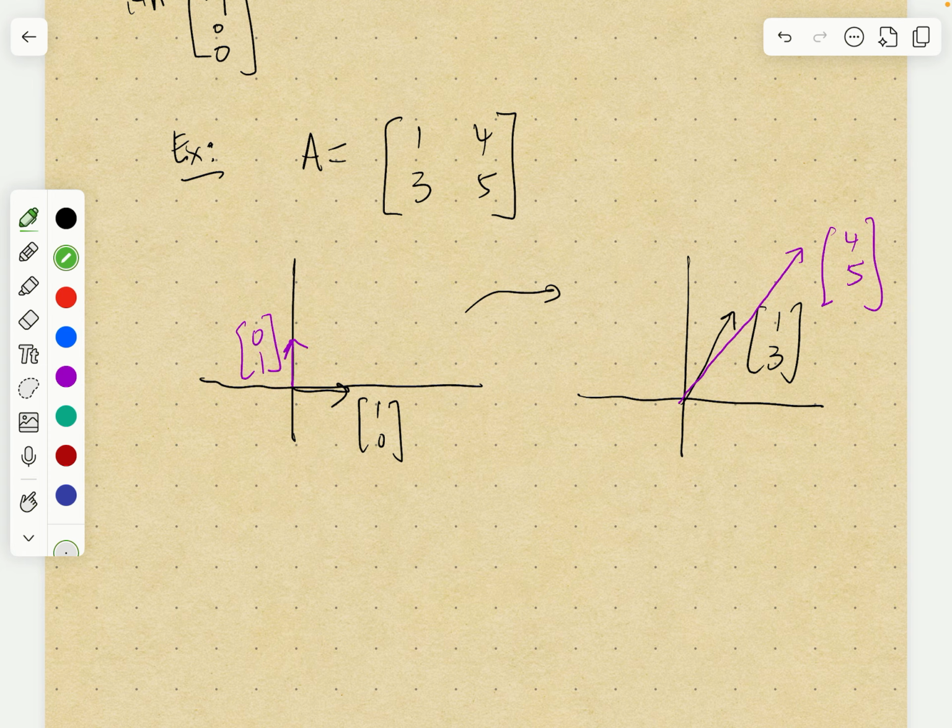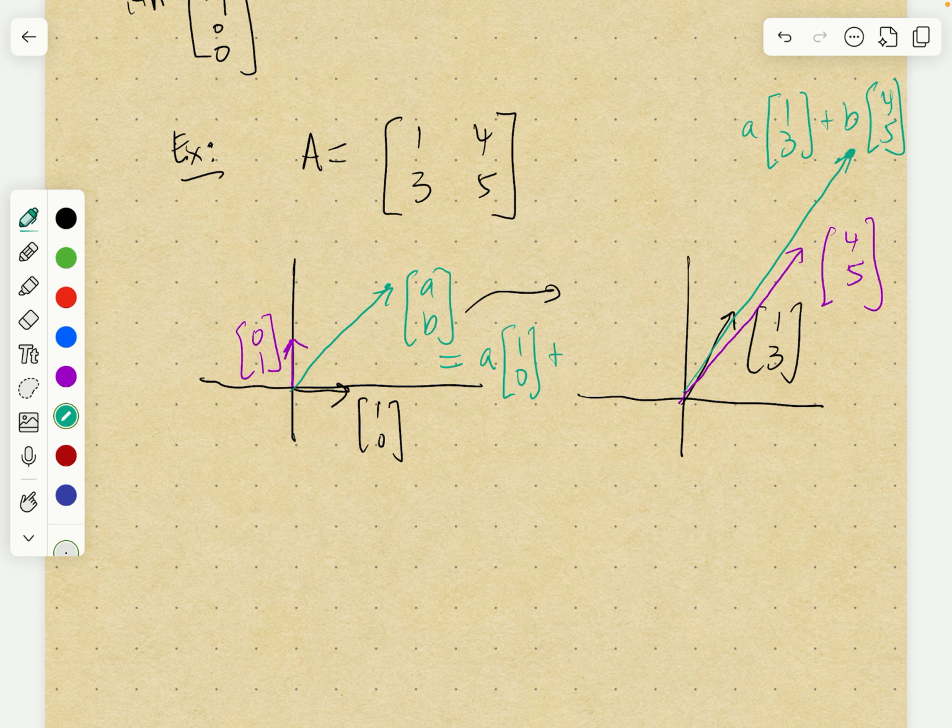And then we know that it's going to take the corresponding linear combination. If I have a vector (a, b), then it's going to go to the corresponding linear combination. It will take it to a times (1, 3) plus b times (4, 5). Because my vector (a, b) is the same as a times (1, 0) plus b times (0, 1).